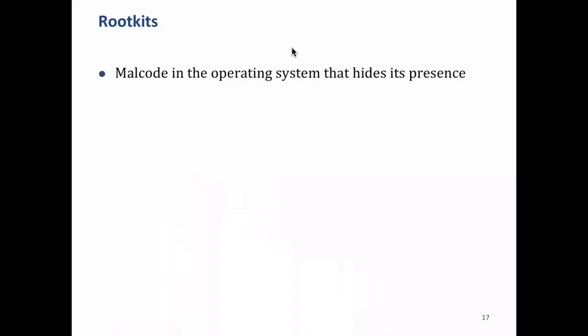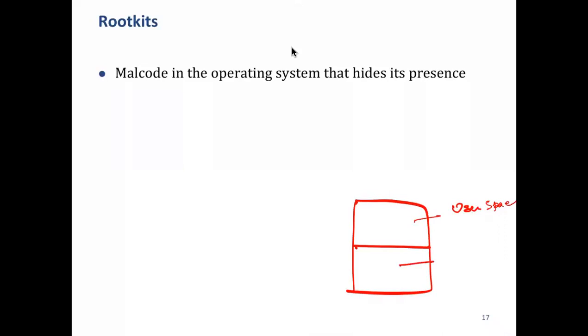Just think about what all the OS has. What does it control? It controls everything. Now, the OS, as we study, has some routines in user space and some in kernel space.